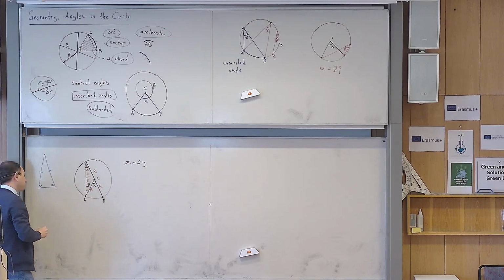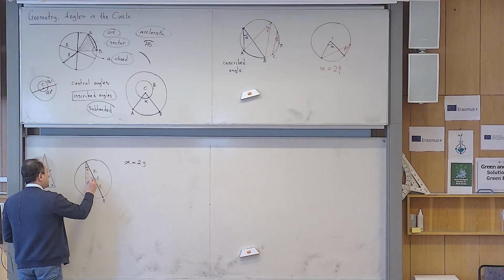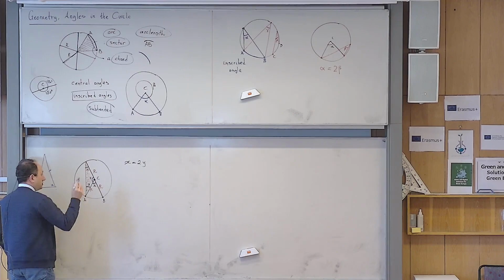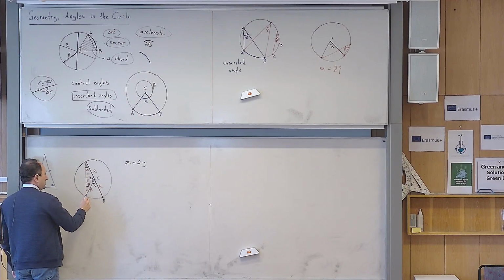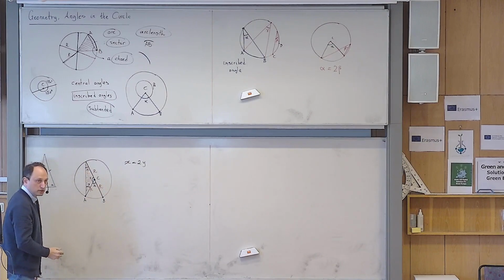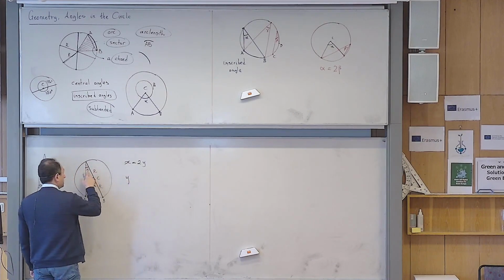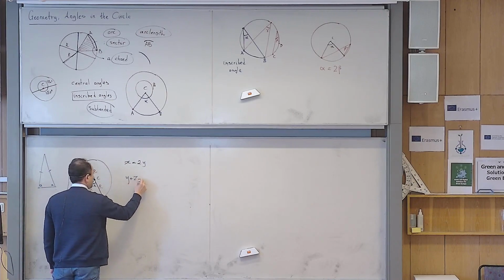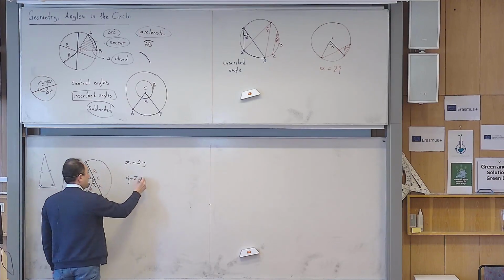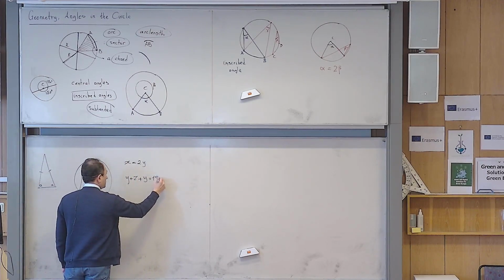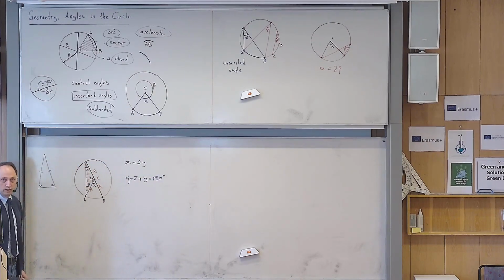Okay. But now let me call this angle Z, which I don't know. But you remember Math 1C, we learned something about the sum of the angles in a triangle. What is that? So Y plus Z plus another Y is supposed to be 180. This we learned.